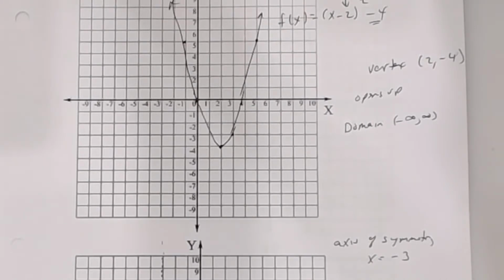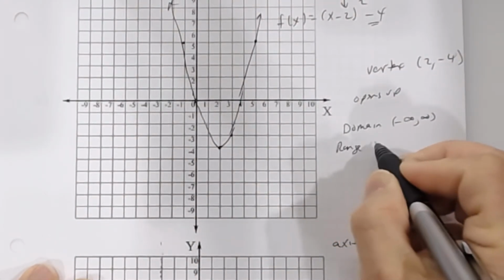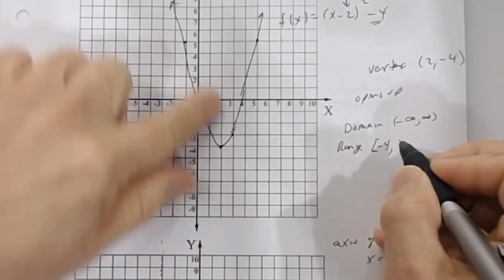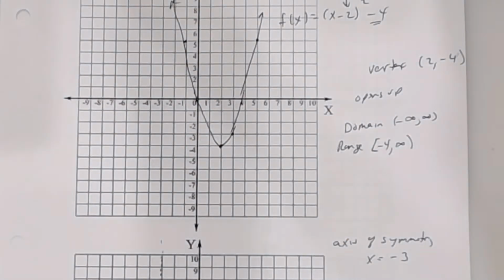But remember, the range is the y value. What's that y value? -4. So my range is bracket -4 all the way to what? Infinity with parentheses. So listen carefully now, because in the 3 problems we're going to look at, the graphs aren't there, right? So listen carefully to what I'm saying about this one. All right.